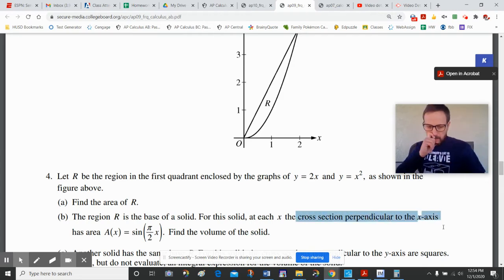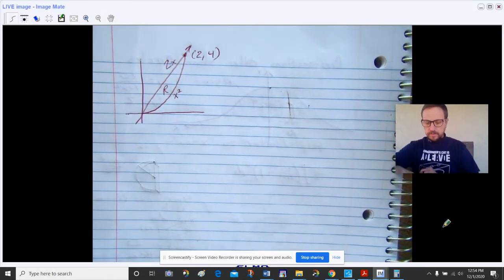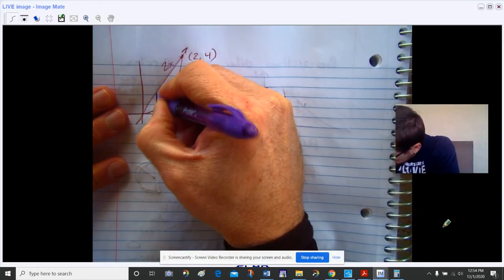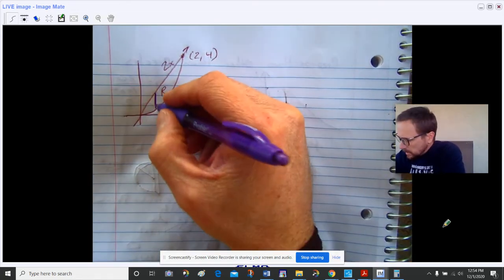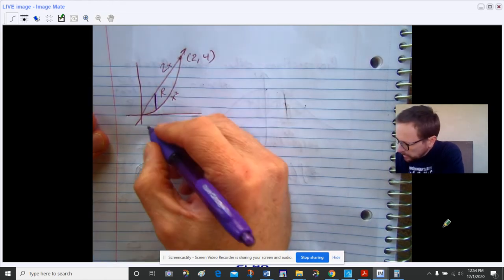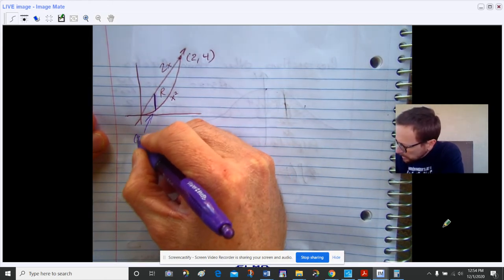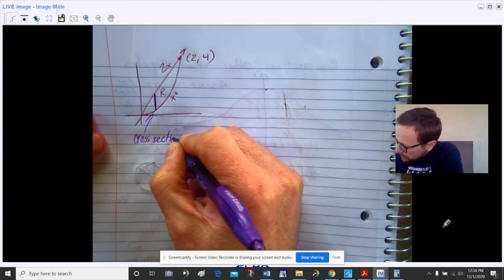When you read that, you come back to your drawing, and we draw a cross-section perpendicular to the x-axis. So this is right there. Is it always going to be perpendicular to the x-axis?